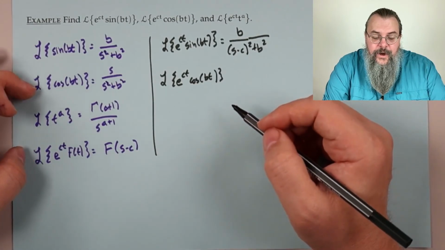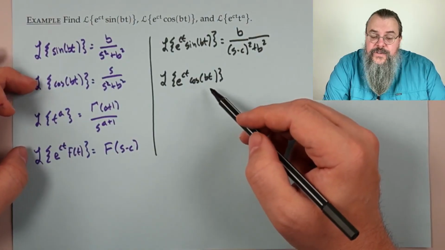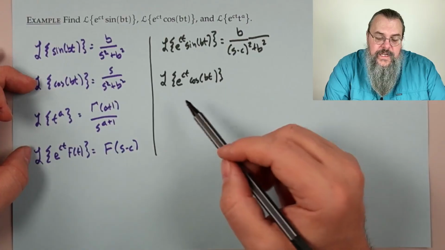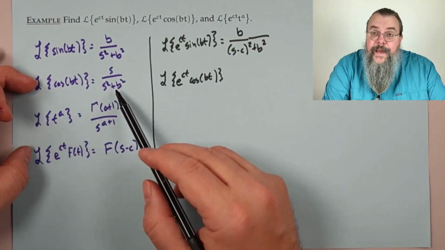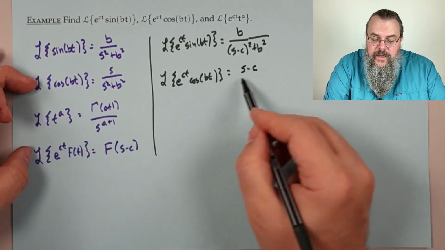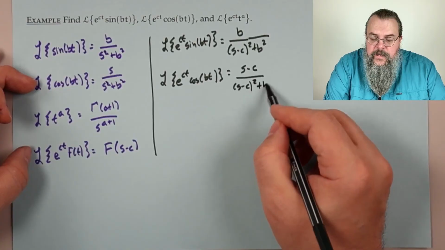e to the ct cosine bt. Again, we know how to handle just cosine. And then we say, now shift. So everywhere where you see an s becomes s minus c. So s minus c over s minus c squared plus b squared.